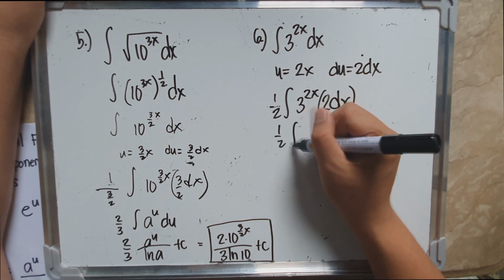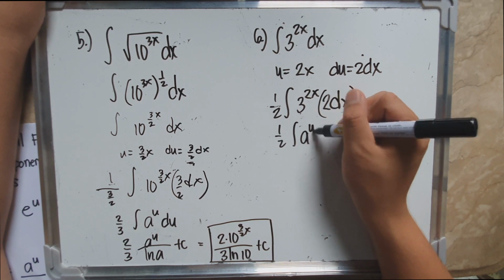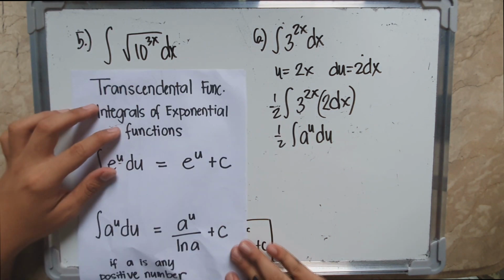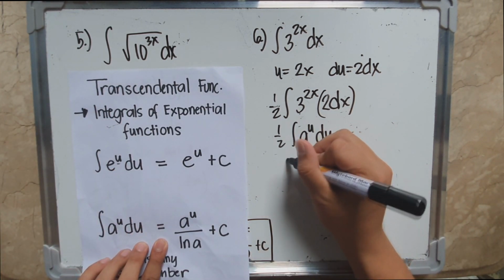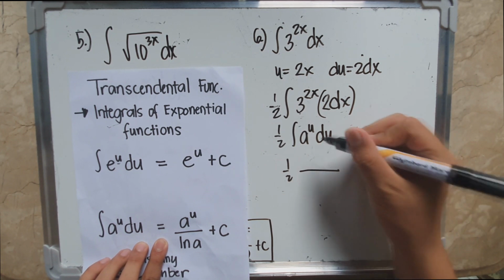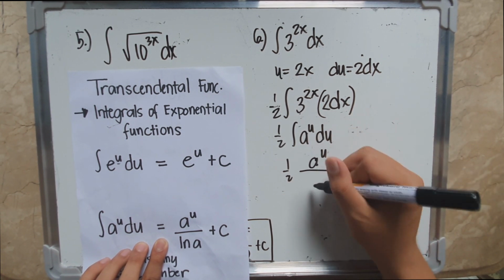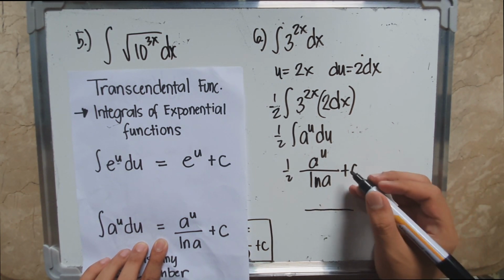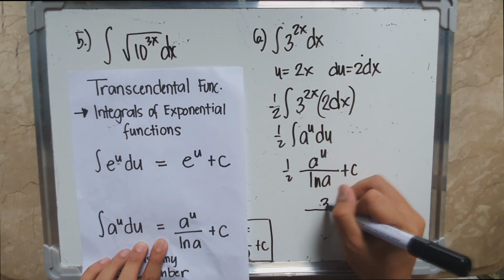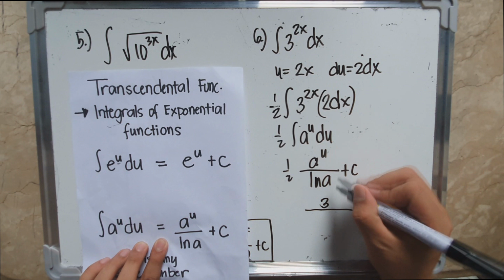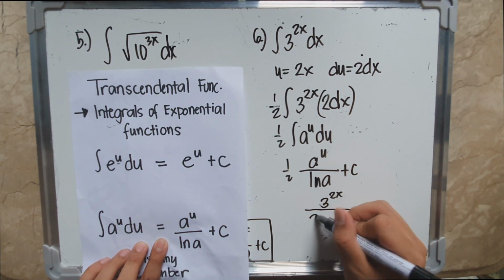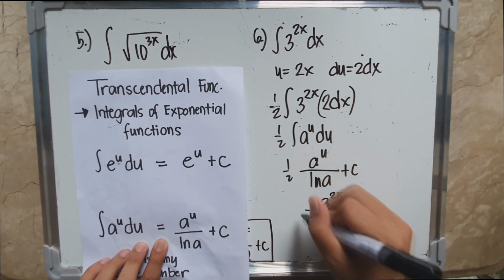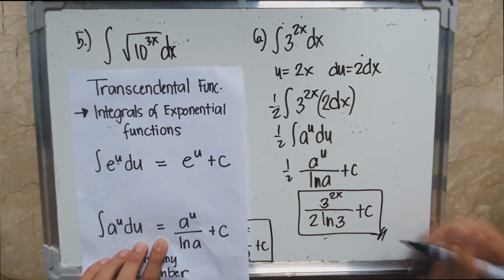We now have 1/2 integral of a to the u du. This is now 1/2 a to the u over ln of a plus c. Or we could have a, what is a? It's 3. The u is 2x whole over 2 ln of 3 plus c. Our final answer.